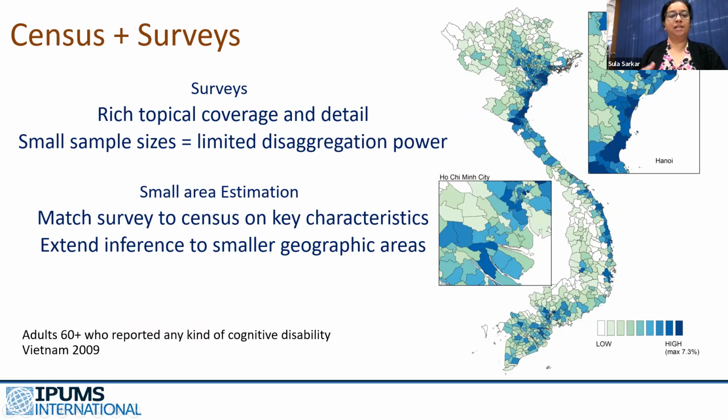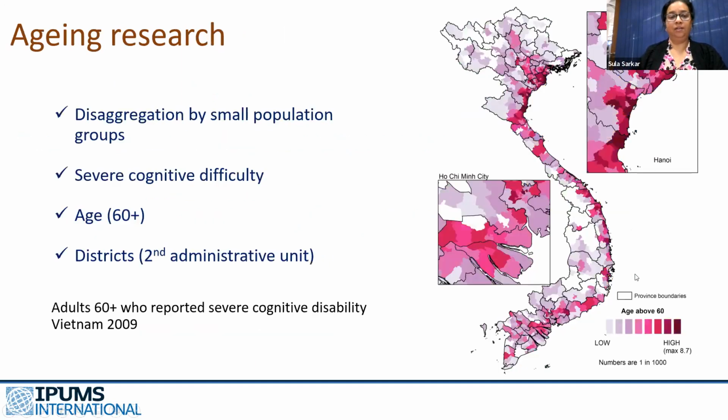And here a census and a survey are combined together. It's the same survey, but some of the advantages of using census data, you can disaggregate by small population groups, and then you can do like age 60 plus or people with severe cognitive difficulty.